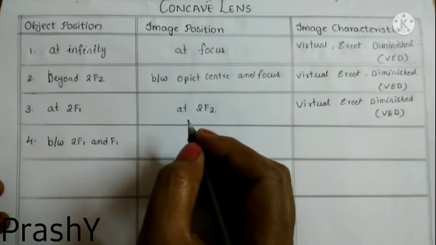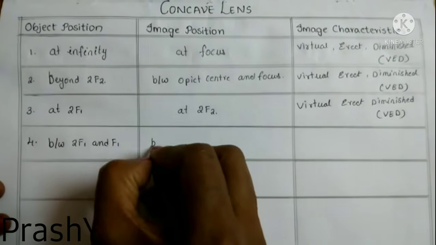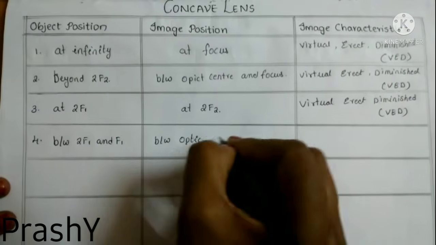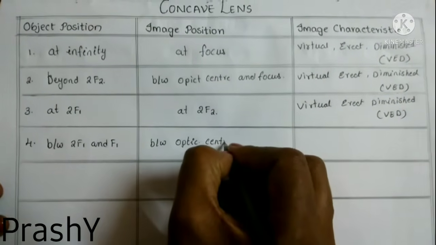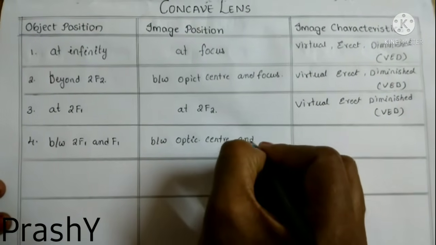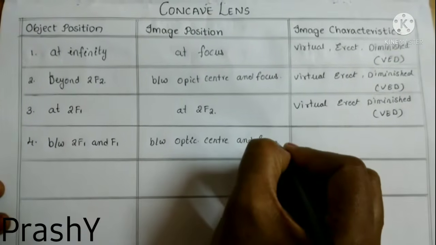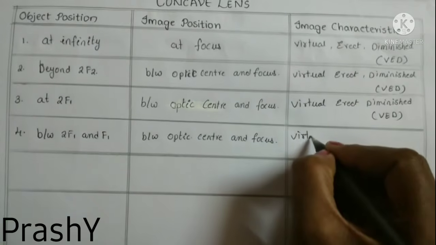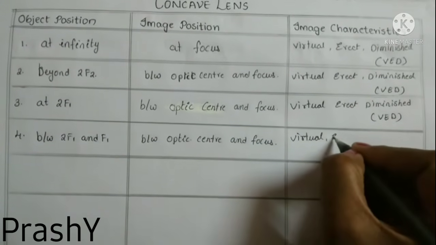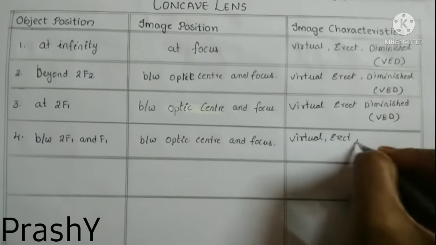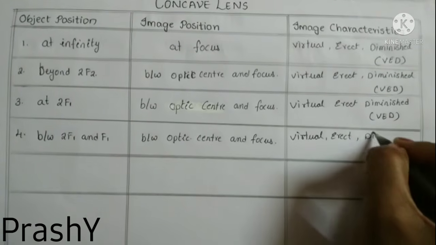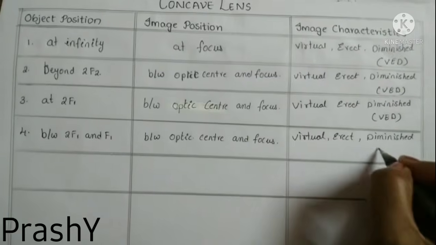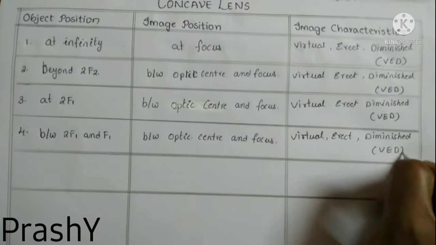So we got the image between optic center and focus. So the image characteristics are virtual, erect, diminished. So here also we will get VED.